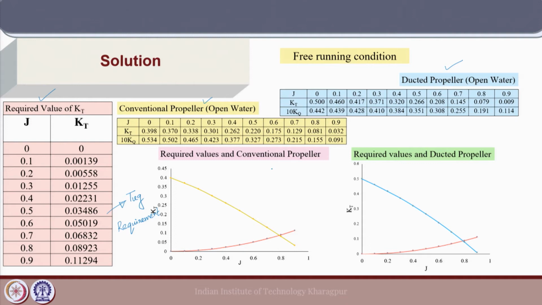First one here, let us say plot A. Here we have this red line which is the tug requirement, and the yellow line which is the KT of the open propeller or conventional propeller we can write.